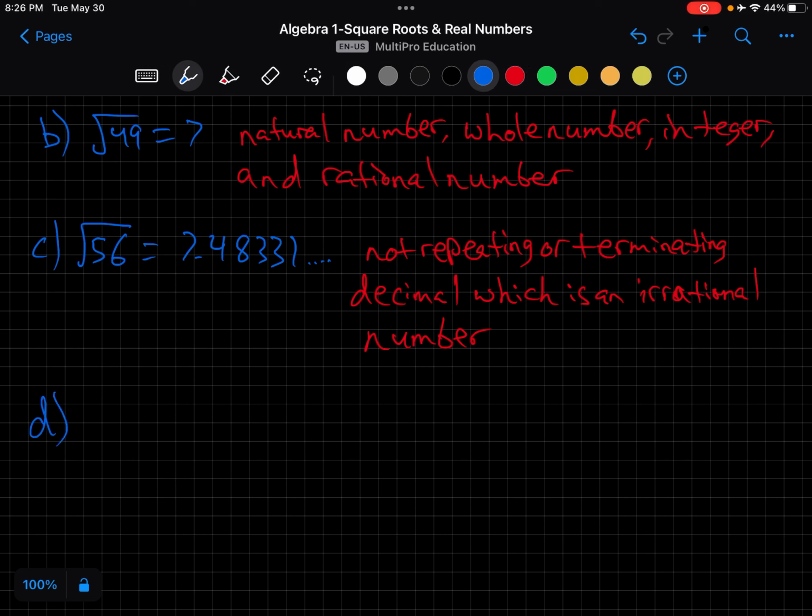All right, let's look at another one here. Let's have minus 12/3, which is equal to minus 4. Minus 4 is an integer, which is a, you tell me.